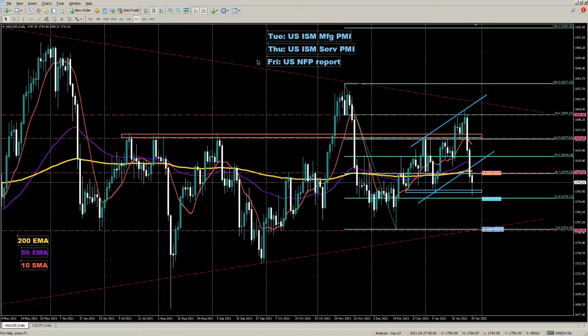There is more news this coming week as well, culminating with the non-farm payroll report on Friday, so that could trigger some moves in the US dollar.